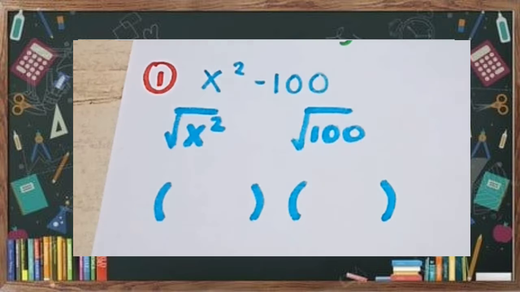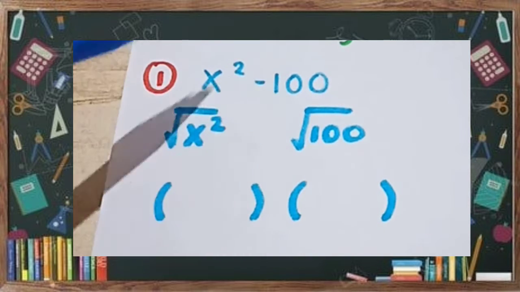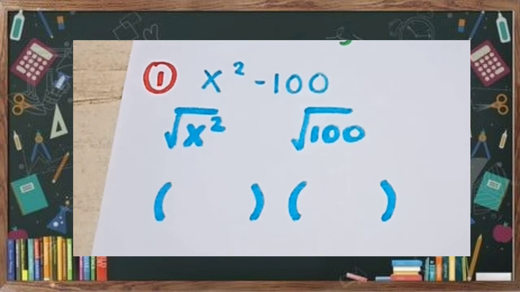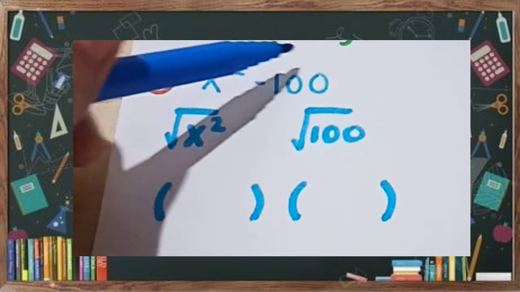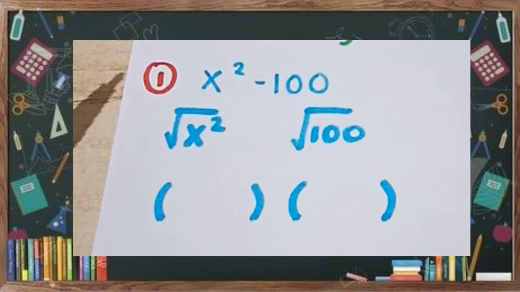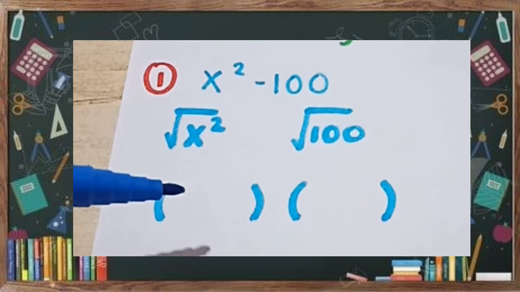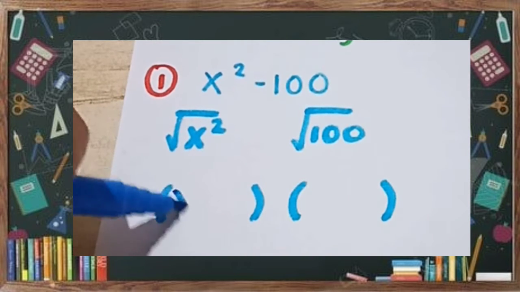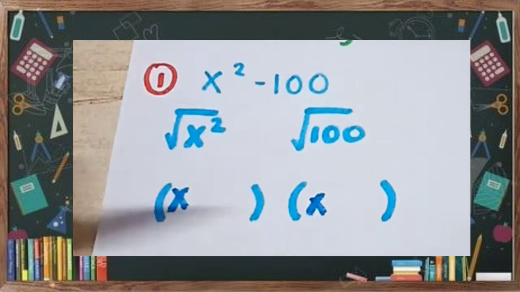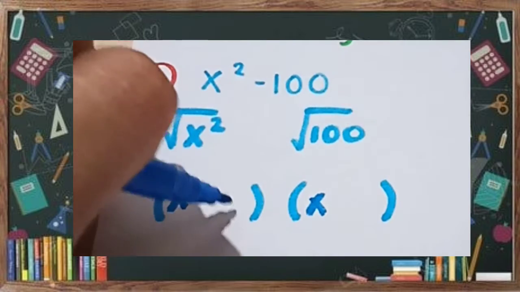Okay? Okay, so let's have an example. So, x squared minus 100. So, ang gagawin natin dito ay i-square natin yung unang term at yung pangalawang term na ilalagay natin sa dalawang quantity na to. Okay, so ano ba yung square root ng x squared? So, it is x. Ano ba yung square root ng 100? It is 10.